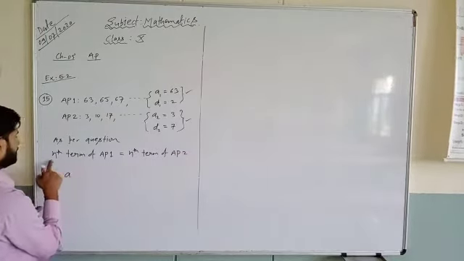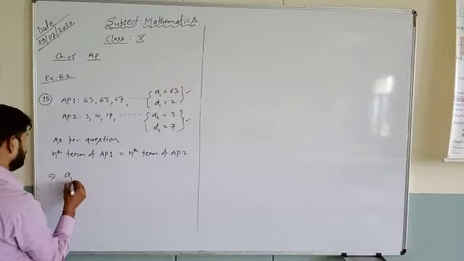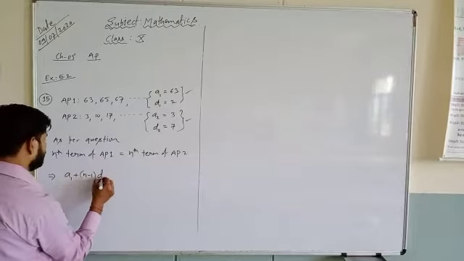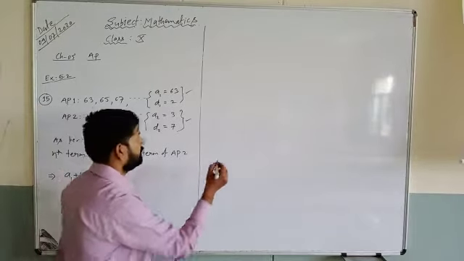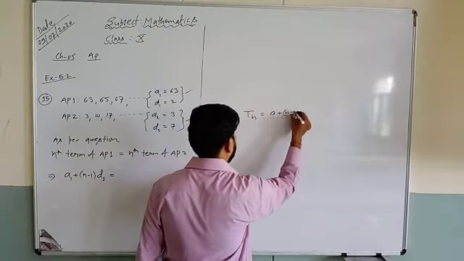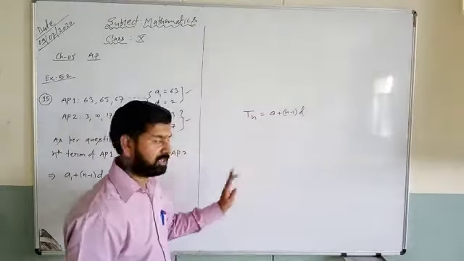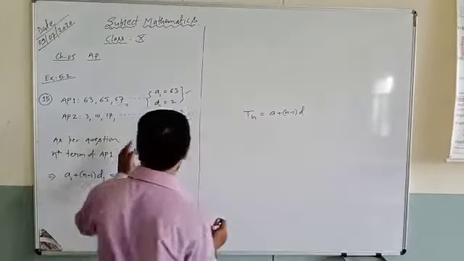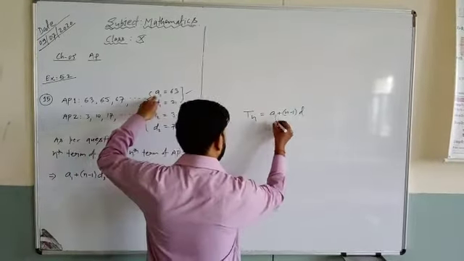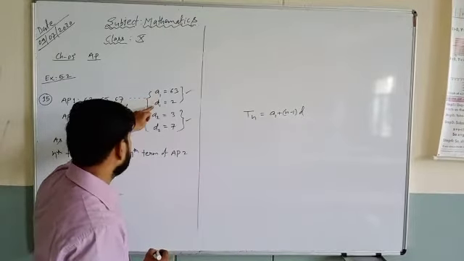We can express the nth term of AP1 as A1 plus n minus 1 into D1. We know the formula for the nth term: A plus n minus 1 into D. For the first AP we have the symbol A1 for the first term and D1 for the common difference.